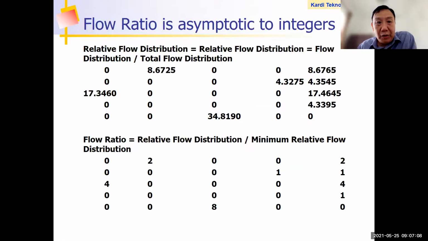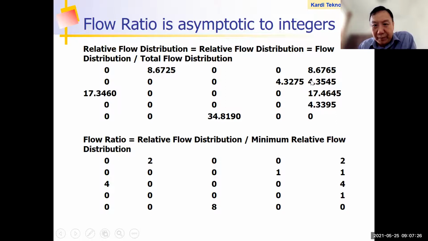But when you divide with the statistic, for example, in here I divide by the total flow, look at the numbers, it will not become exactly 8, but it will almost.